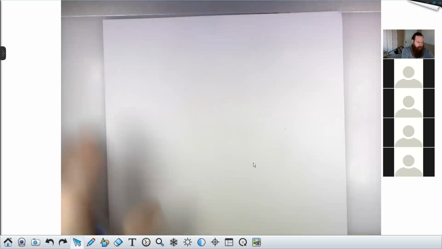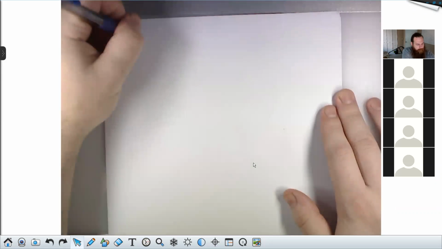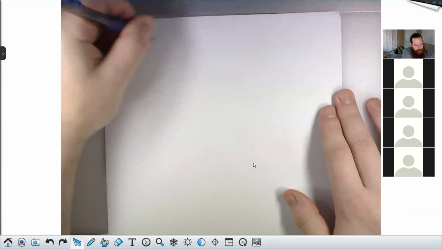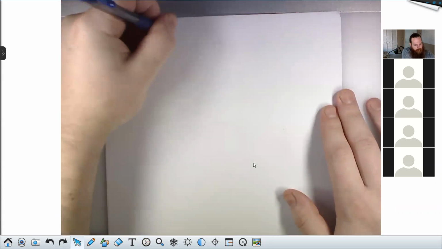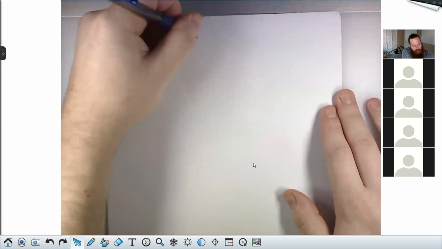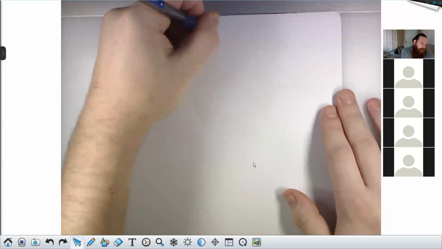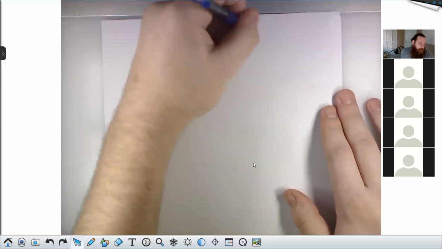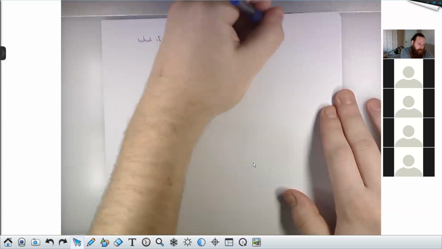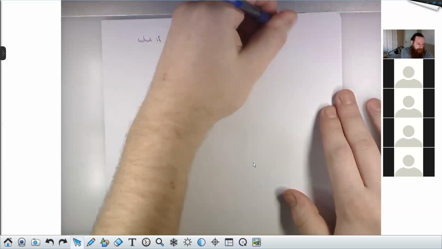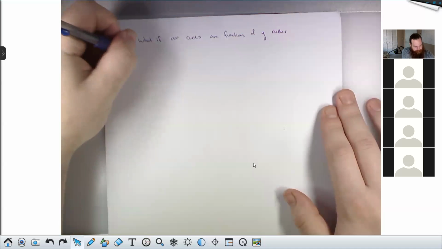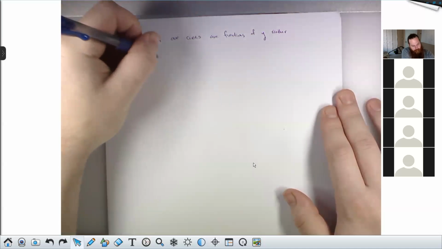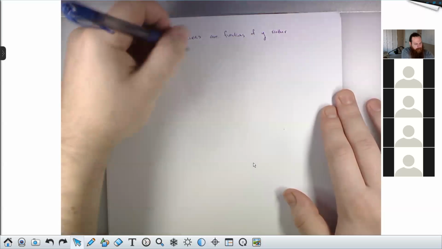There is another setting, like I mentioned. What if our curves are functions of y rather than functions of x?